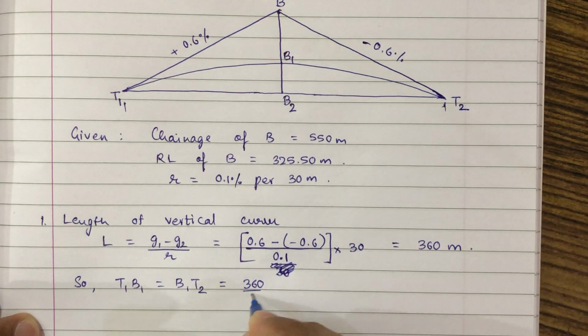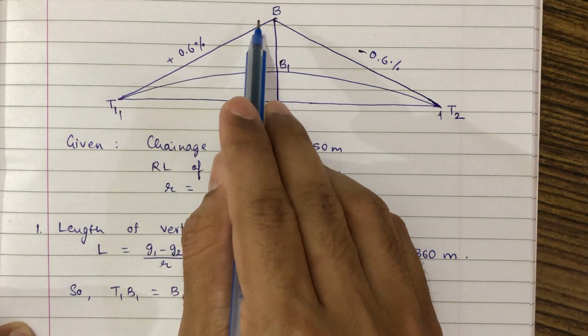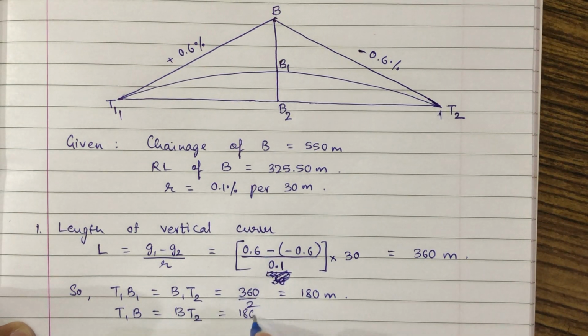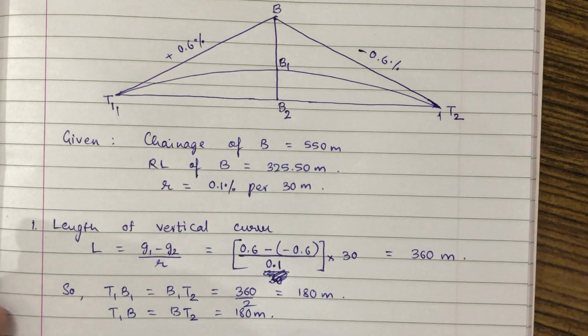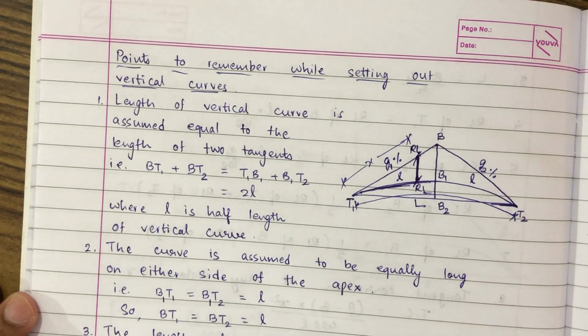So this will be 360 by 2, that is 180 meters. Also T1B will be equal to BT2, that will also be equal to 180 meters. This is the assumption that we saw in the points to be remembered while setting out the vertical curve.